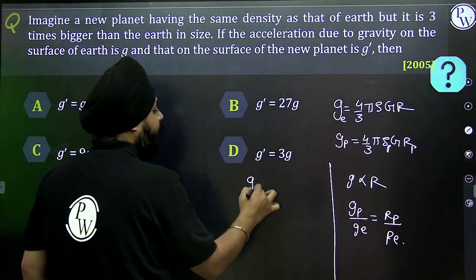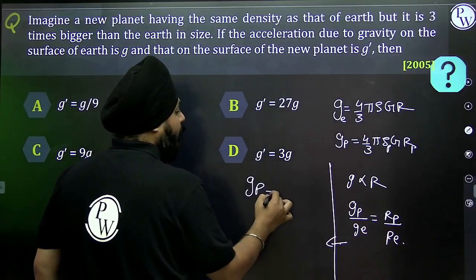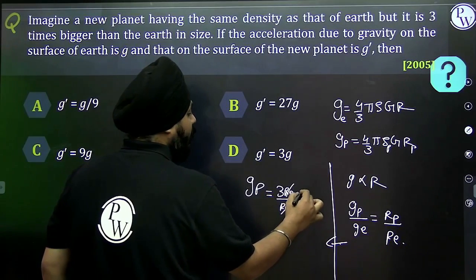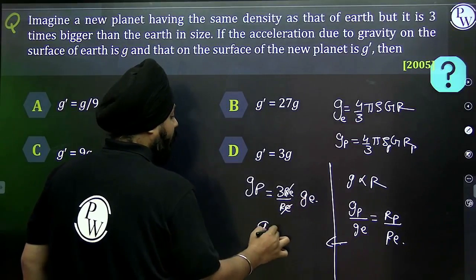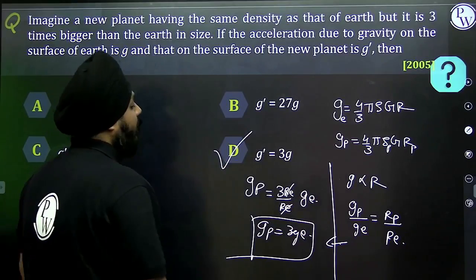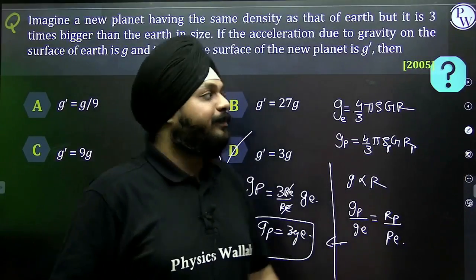So g of planet is equal to, what is the radius? 3 times the radius of Earth. Then this is g of Earth. So what is g of planet? This is 3 times g of Earth. 3g is the perfect answer. Simple.